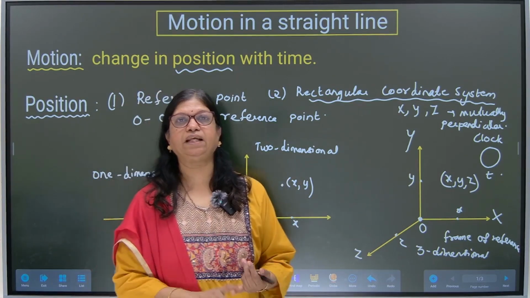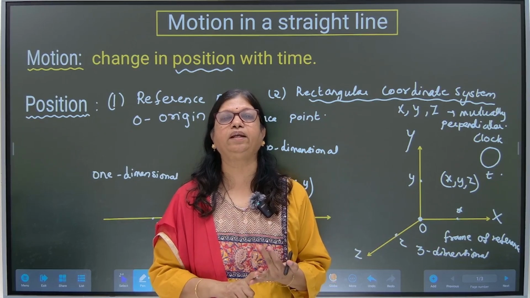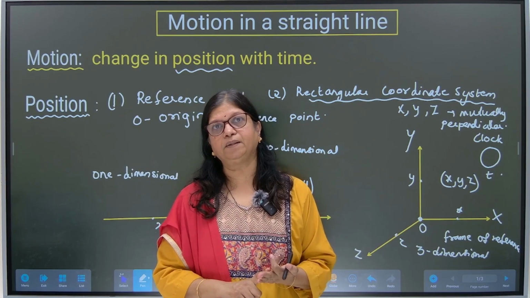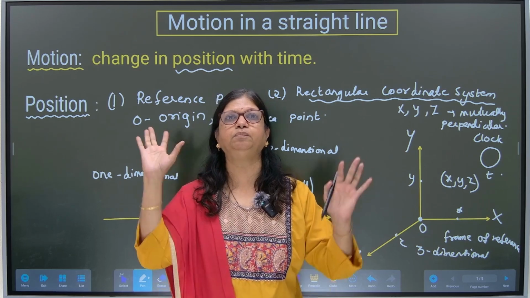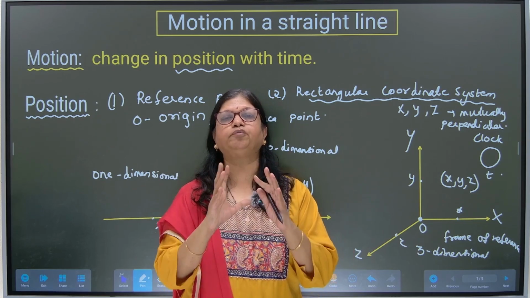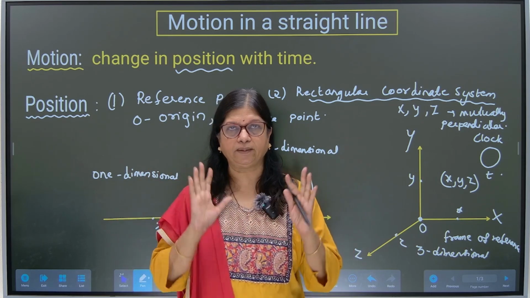And if there is a change in one, two or three coordinates, then the position of the body has changed with respect to time and the body is in motion. So this is the description of the position of a given body.